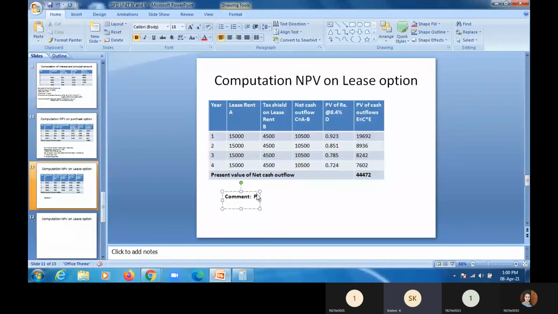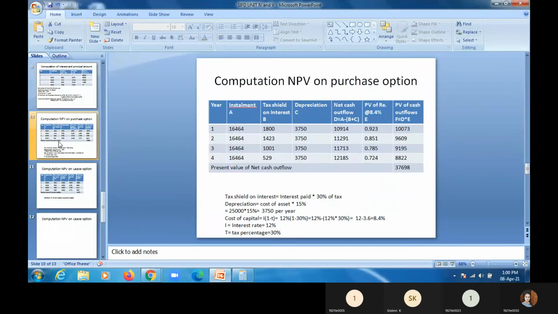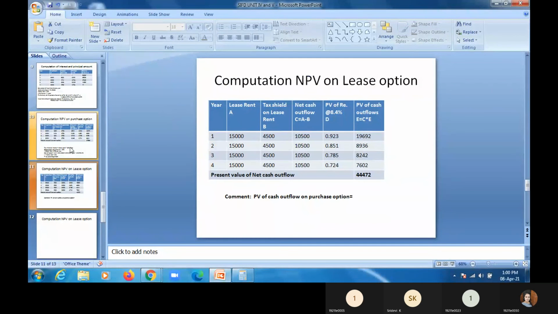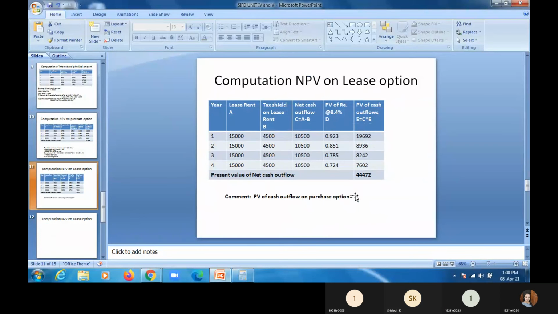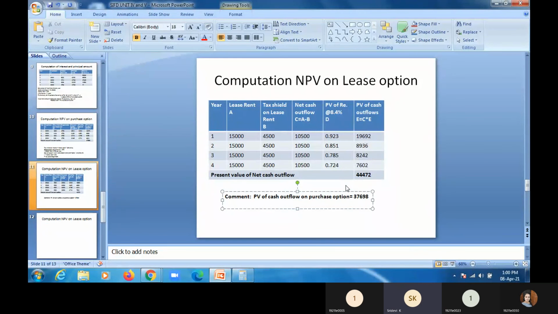So, present value of cash outflow on purchase option is 37,698.